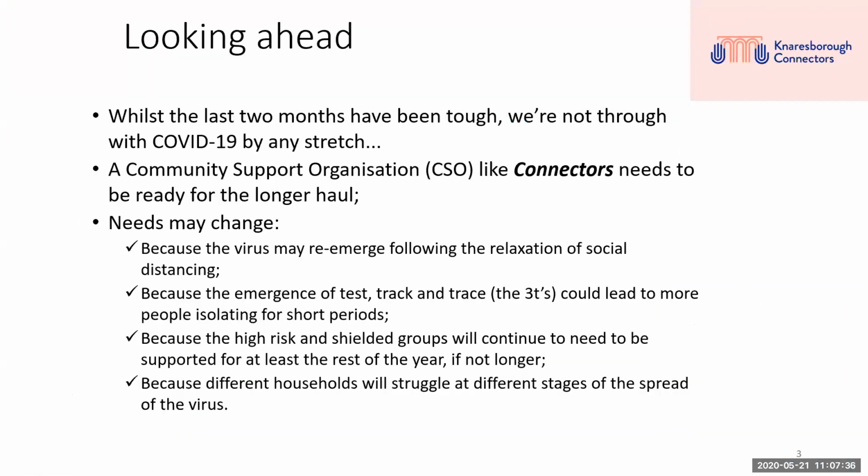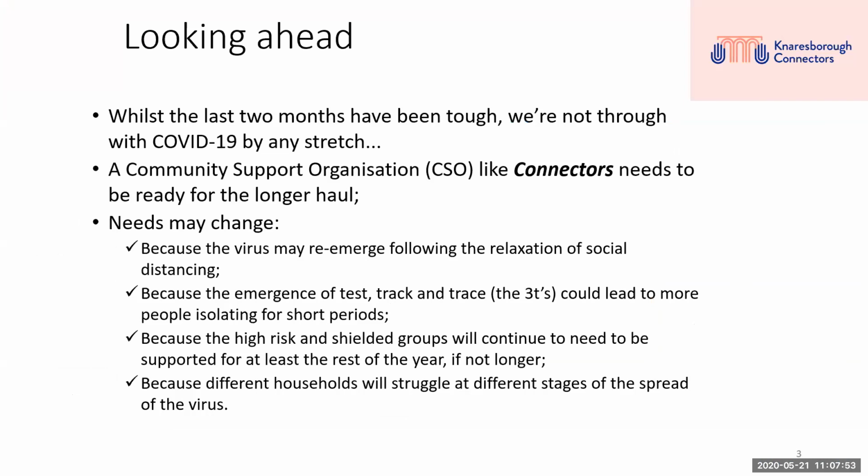But the challenge is, how do we ensure we continue to meet the needs of this town and surrounding villages, and crucially, how do we bring people with us on this development, making sure that we include people who we've really struggled to reach.